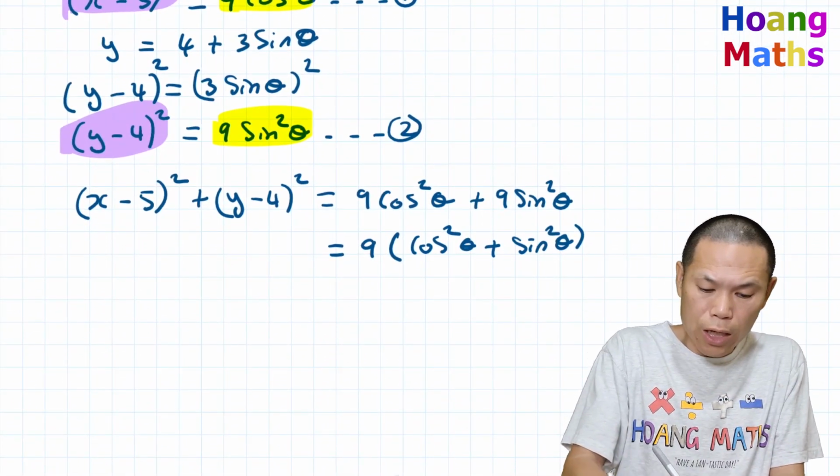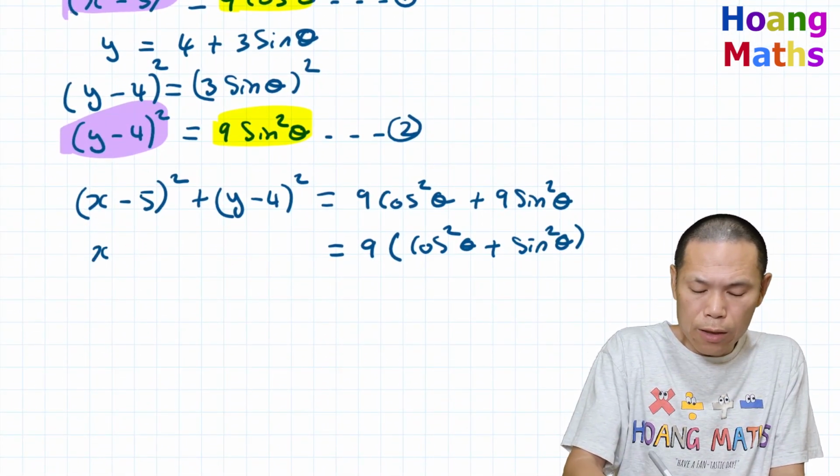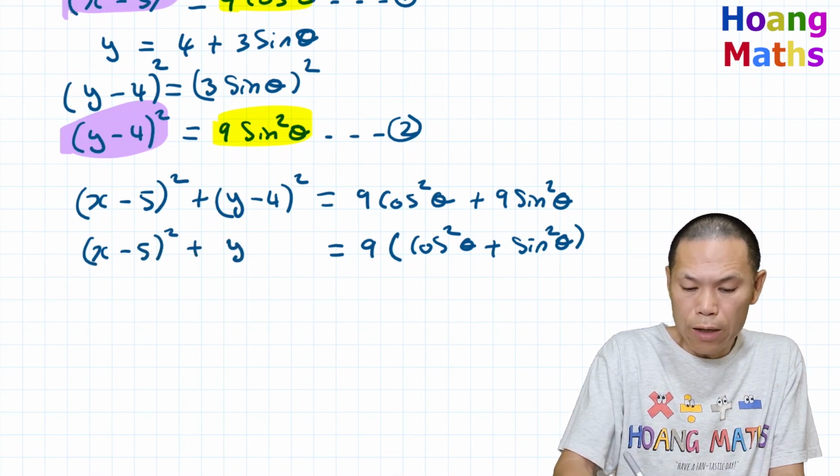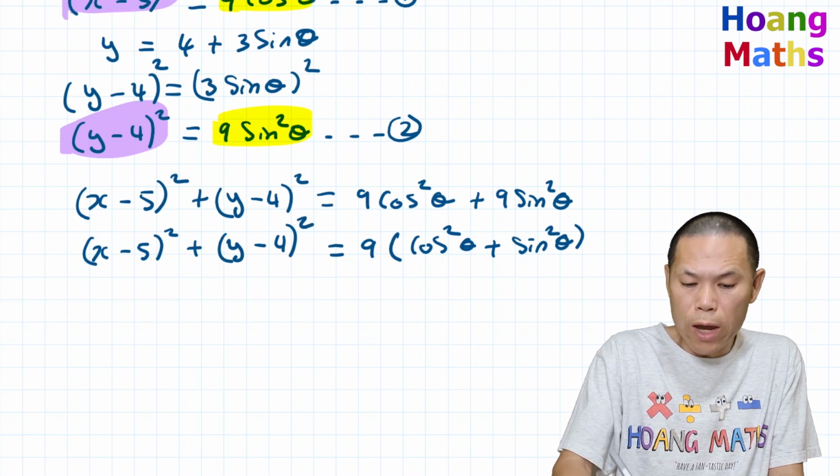And on this side, (x minus 5) squared plus (y minus 4) all squared.